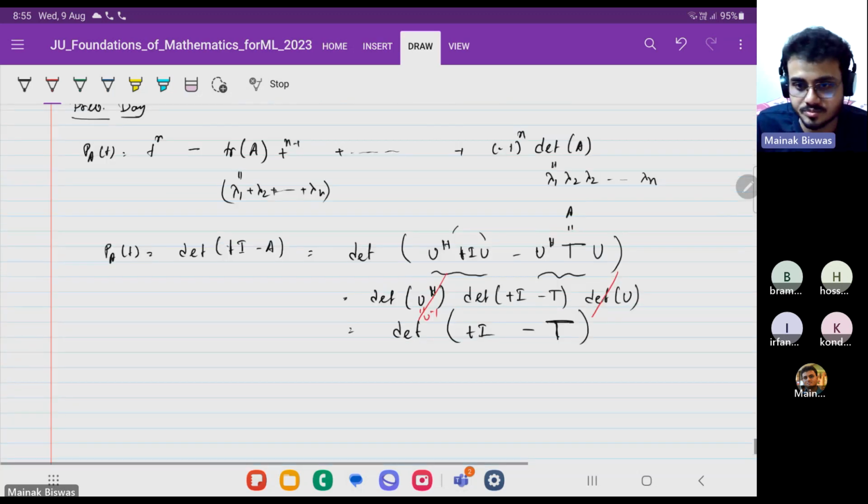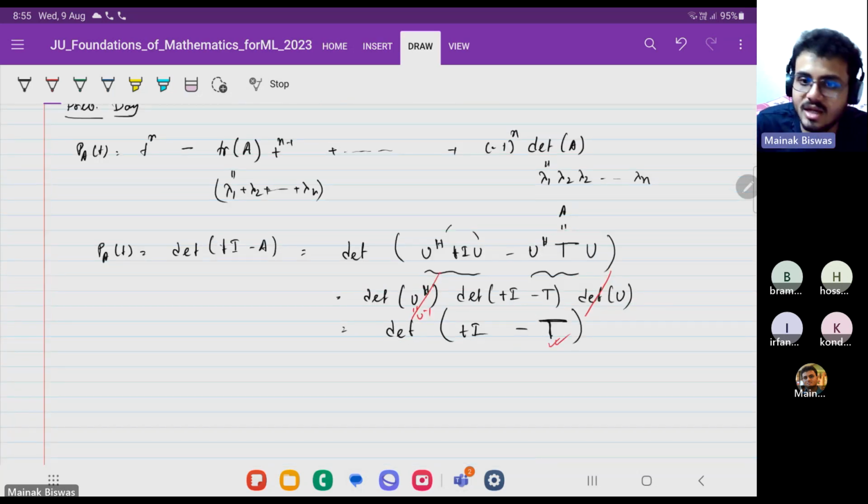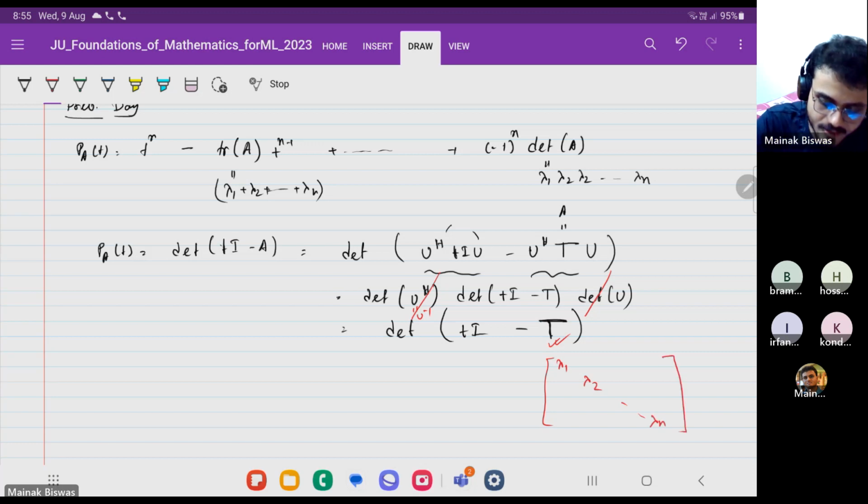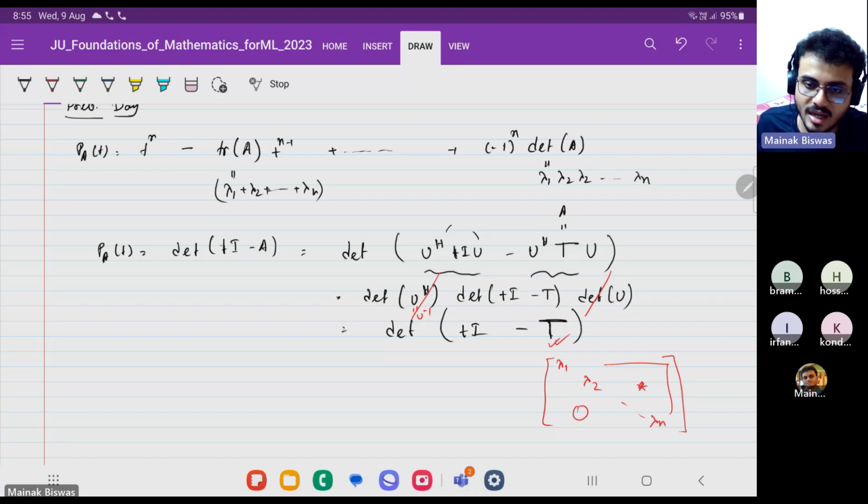Now you see, is this a triangular matrix? Finding it is very easy, right? So the triangular matrix has all these elements, lambda 1, lambda 2, dot, dot, dot, lambda n. Do you agree? And I told you there will be stars on the top and a 0 below. It's an upper triangular matrix with the diagonal being the eigenvalues.